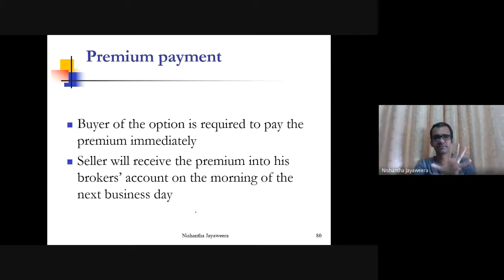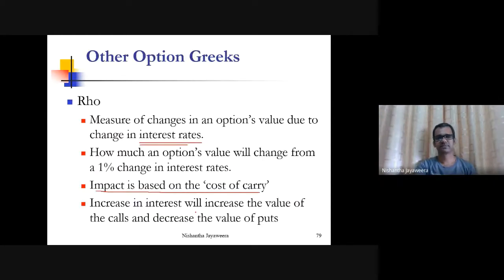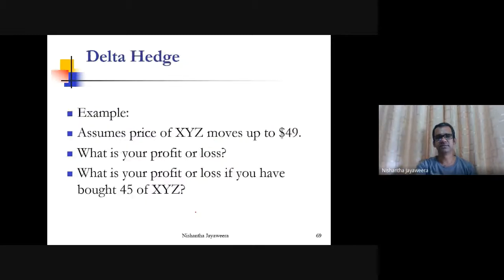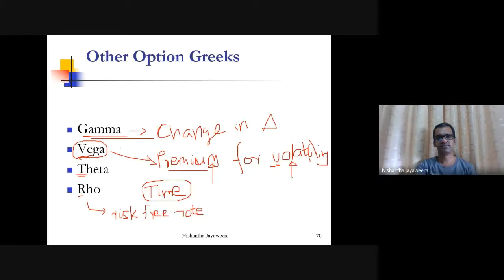So that's the basic introduction of these other Greeks. So remember, this is the only one that you cannot link to anything. What is this? This is the change in delta. Then V for volatility, T for time, R for rate, interest rate. That's how you should remember it.